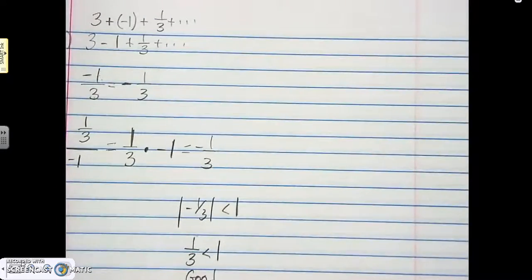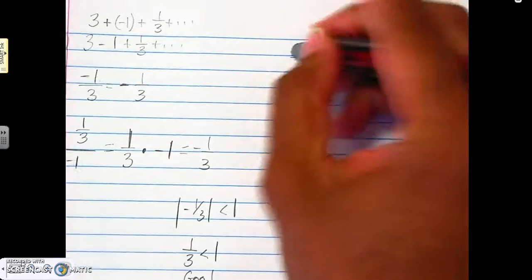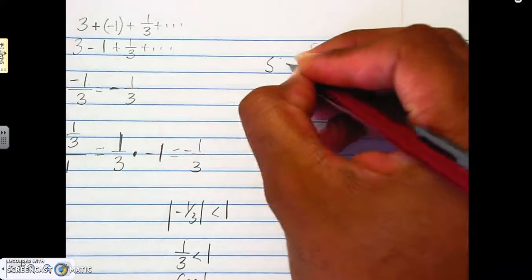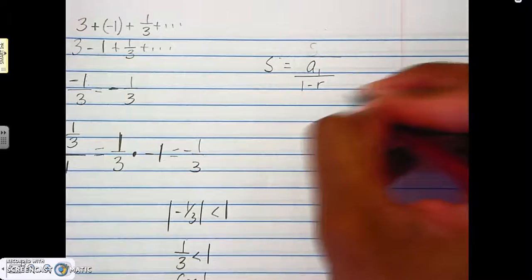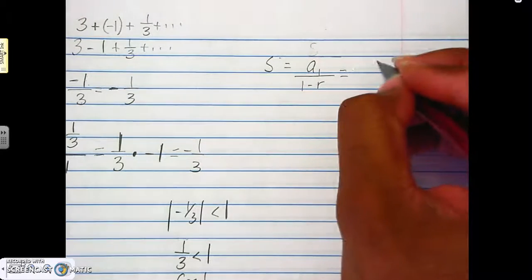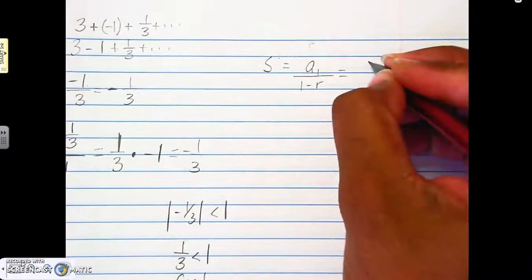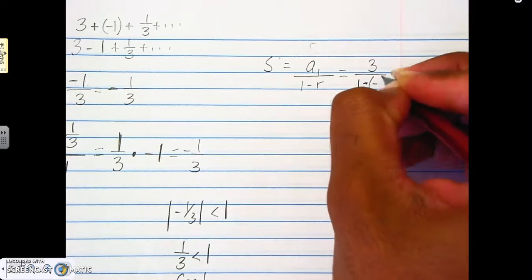All right, so now we can go ahead and put it into our actual infinite series formula. So A1 is 3. 1 minus a negative 1/3.